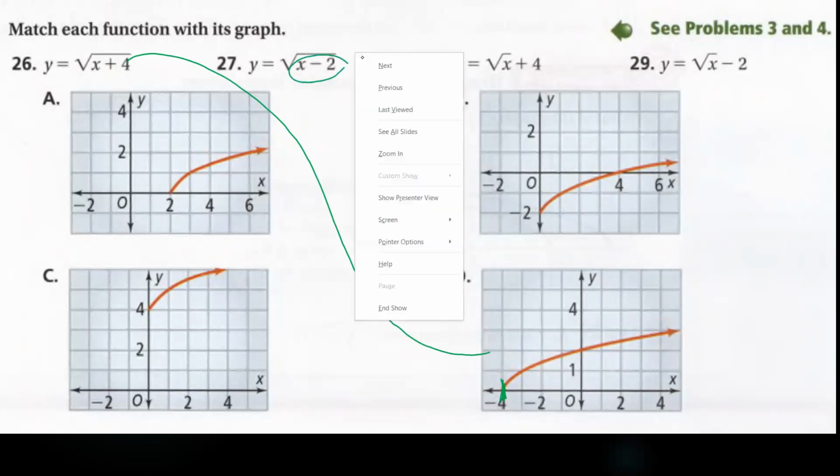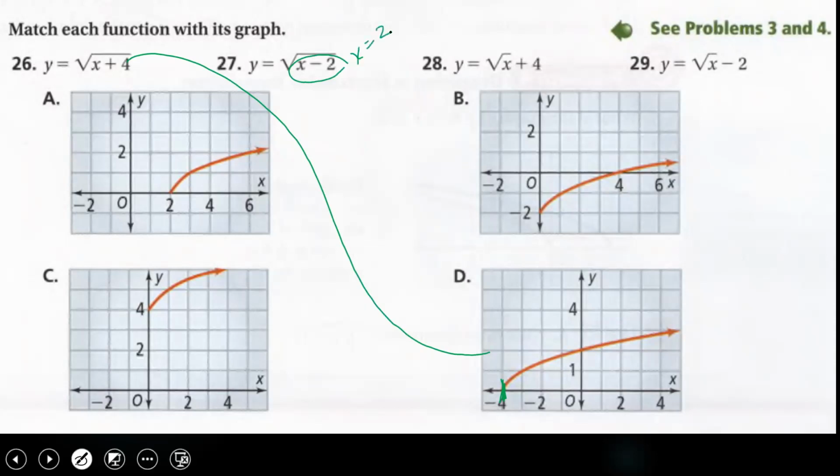That means x equals 2. So here you have to start. So it is A. So 27 is A, and 26 is D.